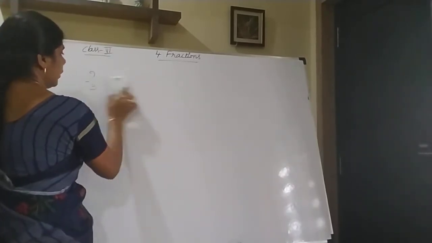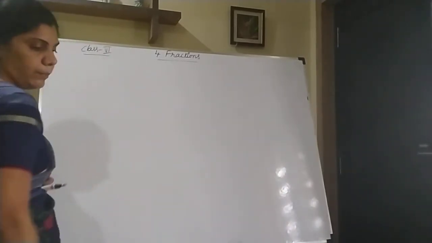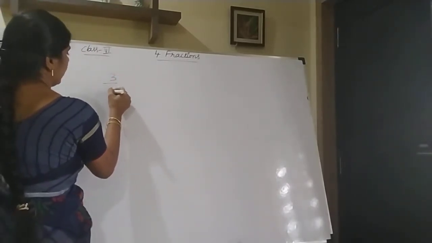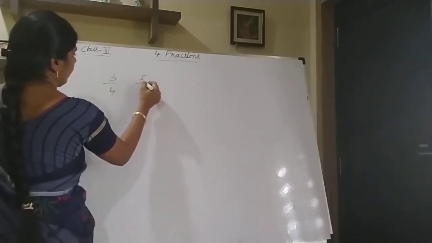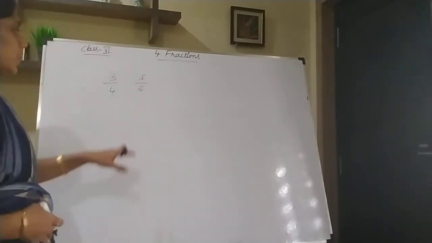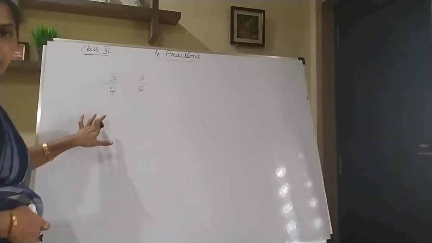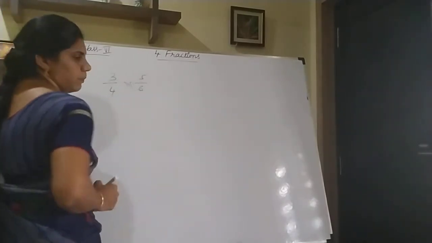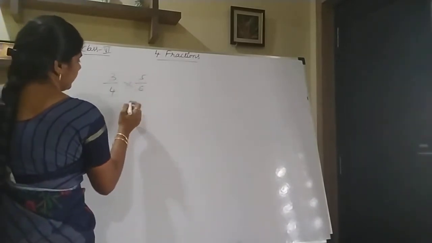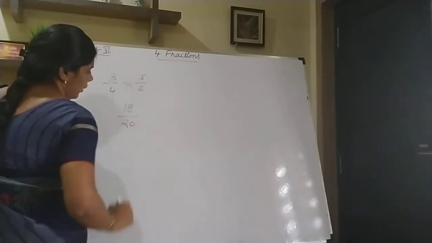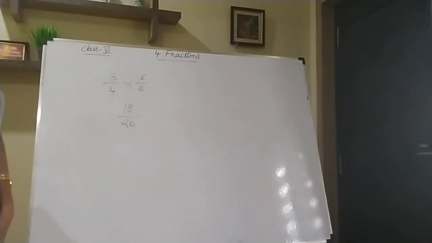if they give two fractions, how to check? So they have given 3 by 4, 5 by 6. These two fractions they have given. Now we have to check whether these two are equivalent fractions or not. How to do? Simply cross multiply them. 3 6s 18, 5 4s 20. No. Okay.